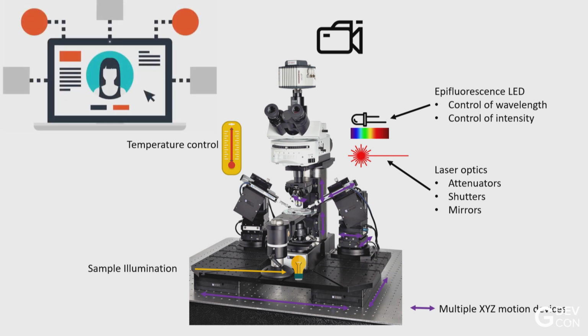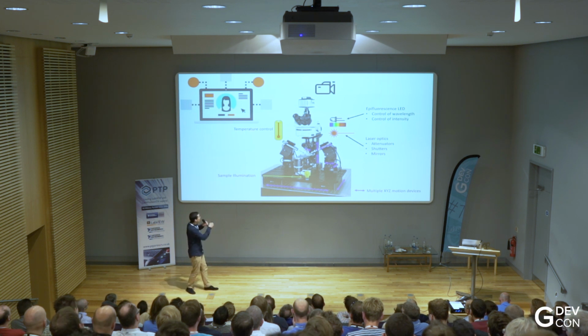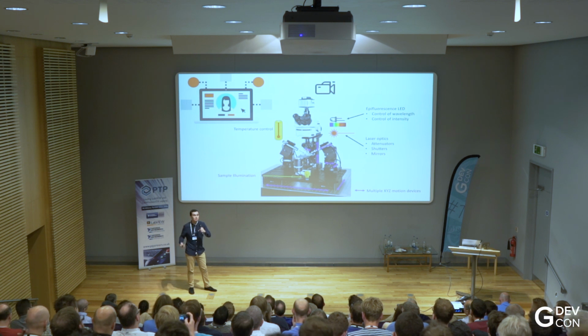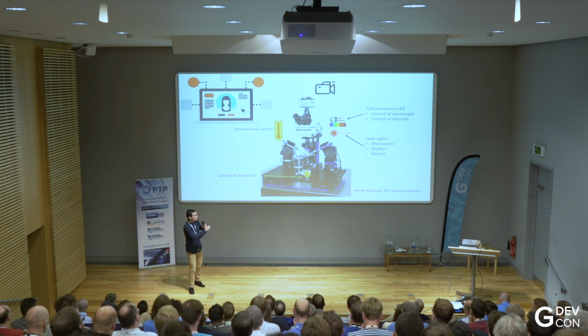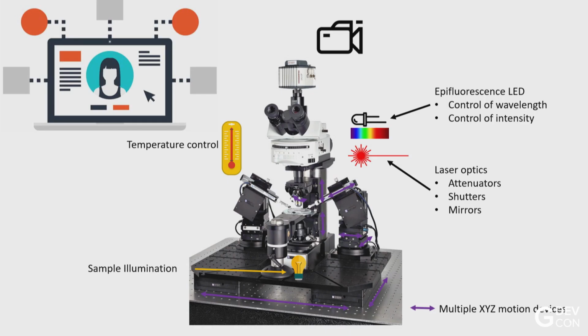And of course, the user needs to be able to control the application, control the microscope in some way, so we have a graphical user interface. Now, these sorts of devices are used in industry, in academia, and no two experiments are the same. So all of this has to be fully configurable.